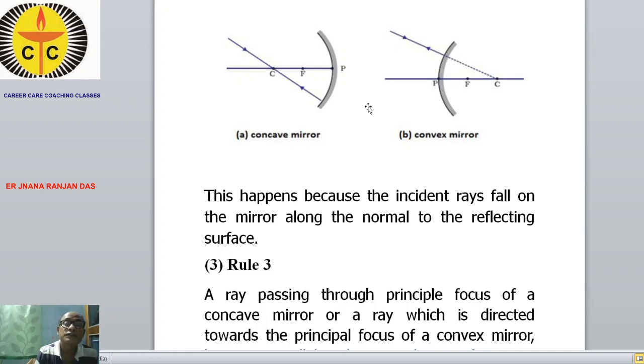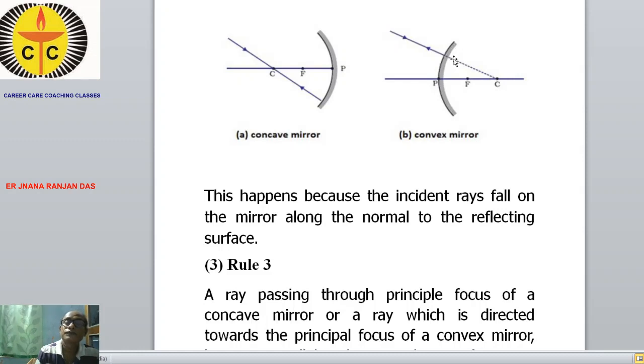This is in case of a concave mirror. In case of a convex mirror, this is reflected back and never goes through the center of curvature.